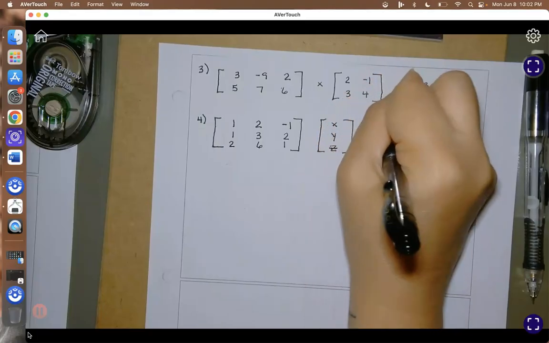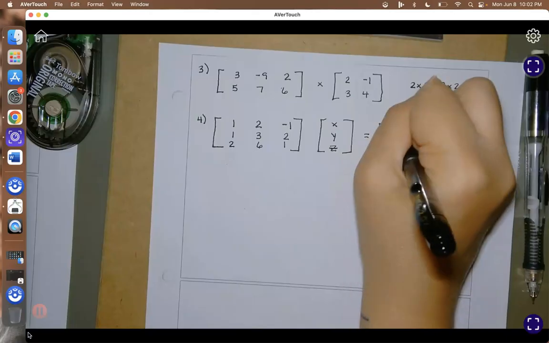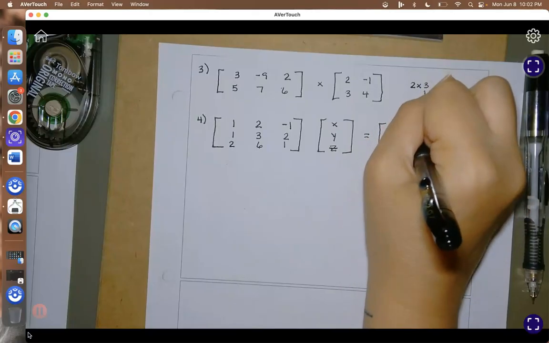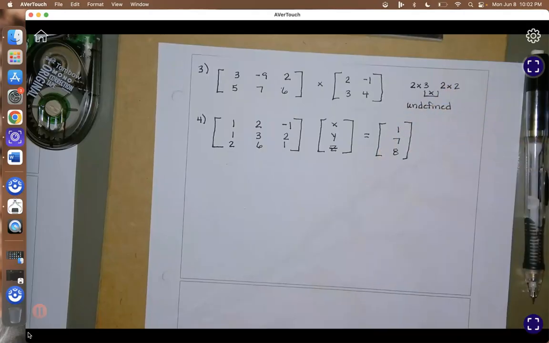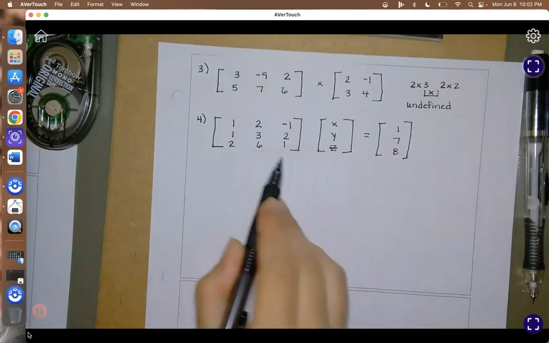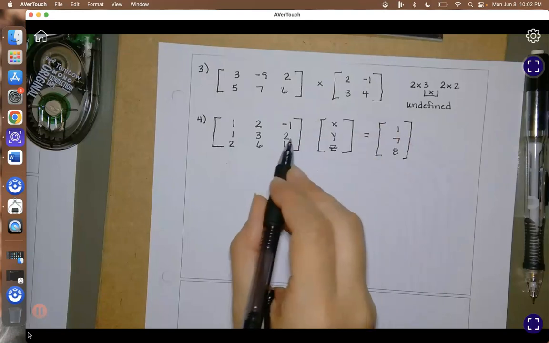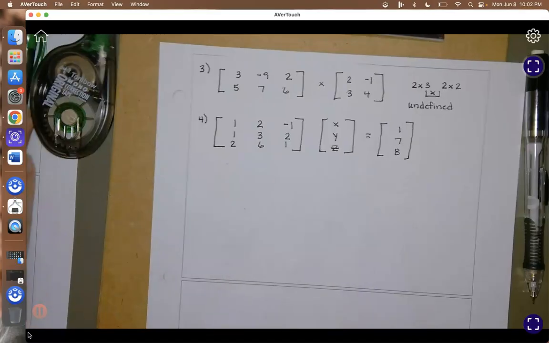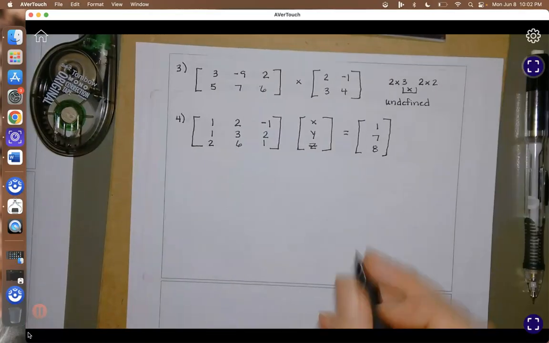And we're going to say that this equals a singular column of 1, 7, 8. All right? So we're going to multiply these two things. And remember, if you see two matrices beside each other, just like two grouping symbols beside each other, that means multiplication. So even if you don't see a symbol there, that means multiplication. So if you need to put that over to the side, feel free to do that.